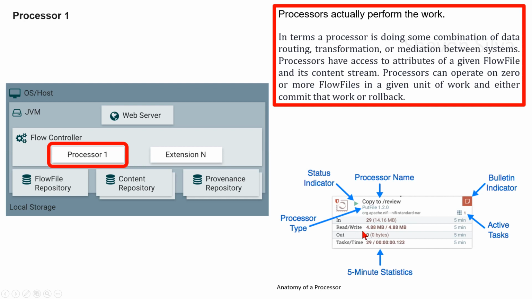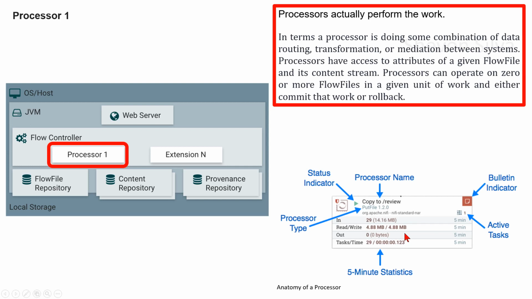Read/Write: the total of the FlowFile content that the processor has read from the disk and written to disk. This provides valuable information about the I/O performance that this processor requires.